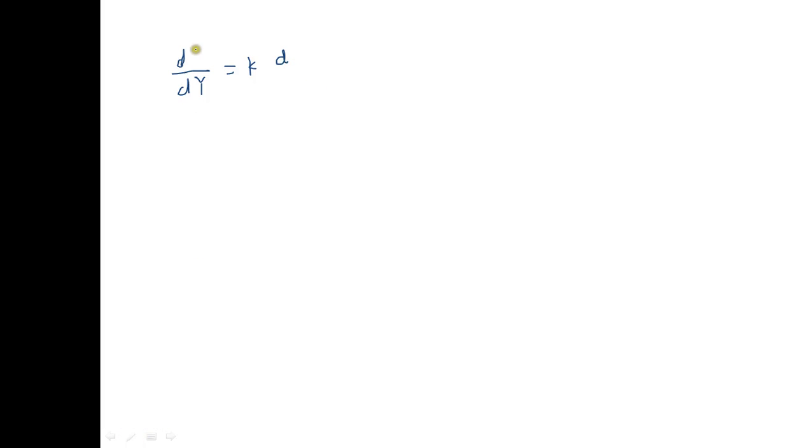So this is the function f. So for example, we have the derivative with respect to x. So we say we have this equation, number one equation. So how can we replace this? How can we replace this by a finite difference approximation?